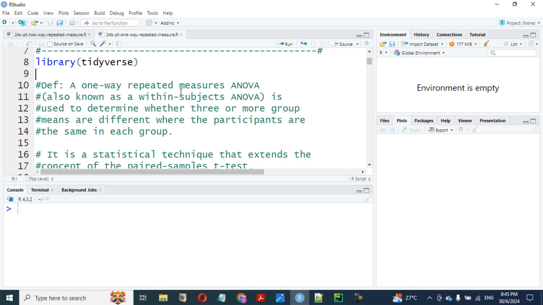What is a one-way repeated measures? It is otherwise known as a within-subject ANOVA, and is used to determine whether three or more group means are different where the participants are the same in each group. It's actually an extension to the paired sample test, a statistical technique that extends the concept of the paired sample test.